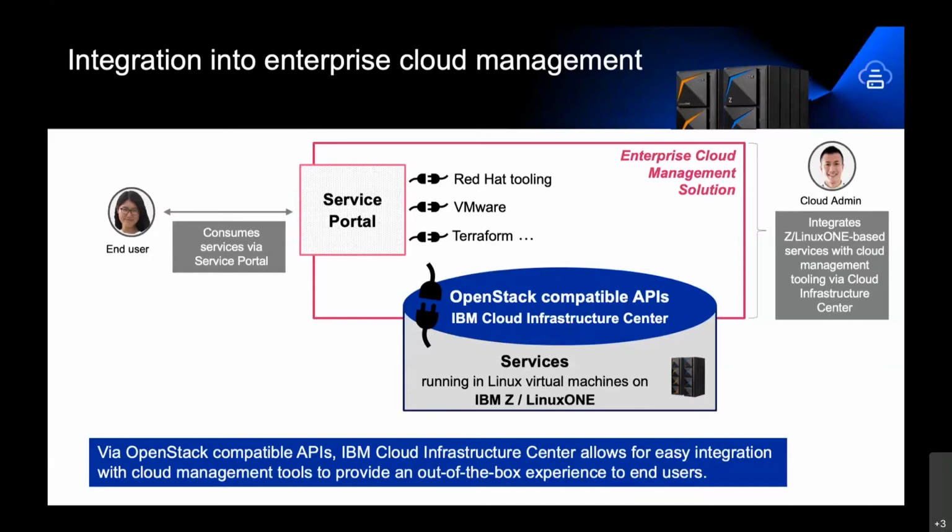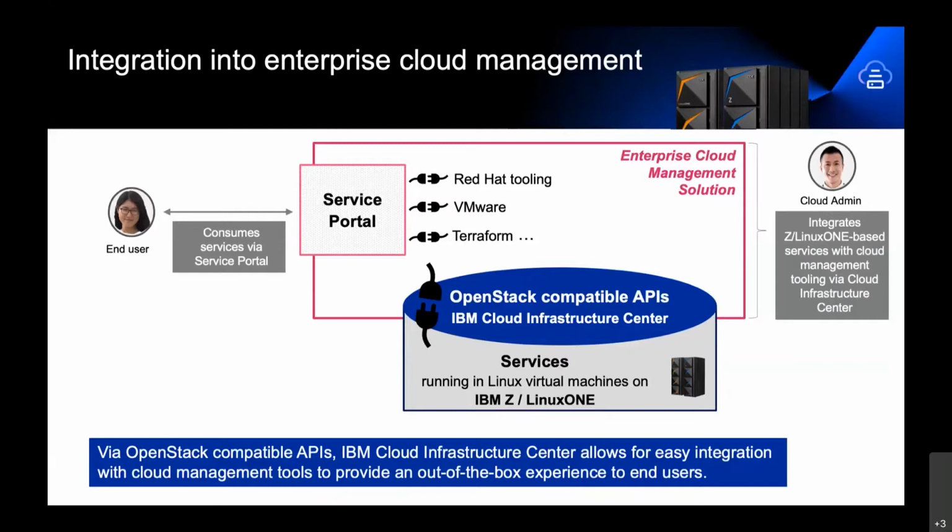So you're not bound to the self-service portal and the catalog that comes with the product, but you can connect any portal that you created by yourself for your own specific purposes to the platform via Cloud Infrastructure Center. The connection can be via Ansible, Terraform, CloudForms.